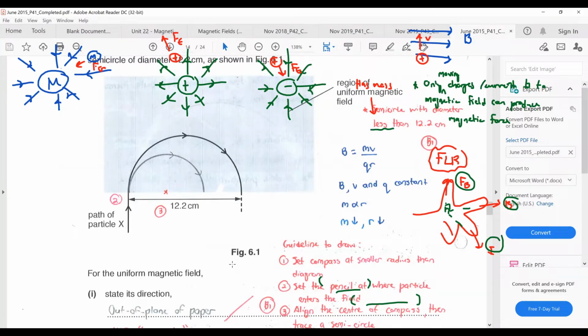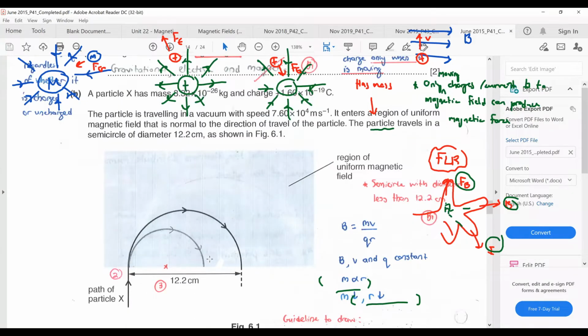How are you going to know whether it's into the plane of the paper or out of the plane of the paper? Okay, so the way to do that will be just by looking at this point here. You can pick any point, but the easier point to consider is here. Now you consider this point here.